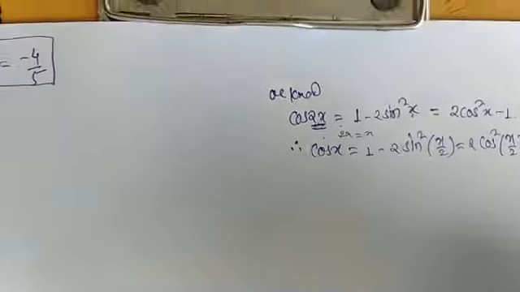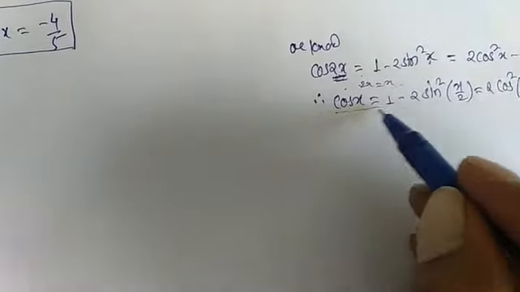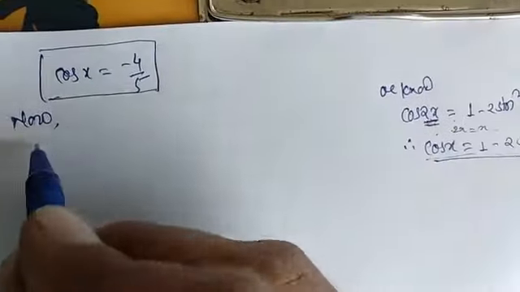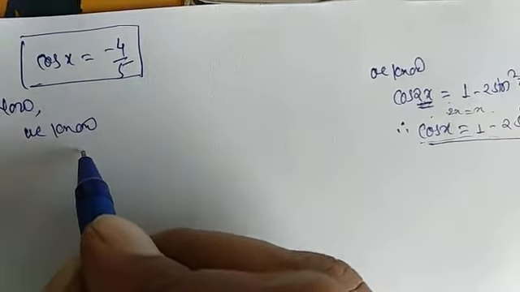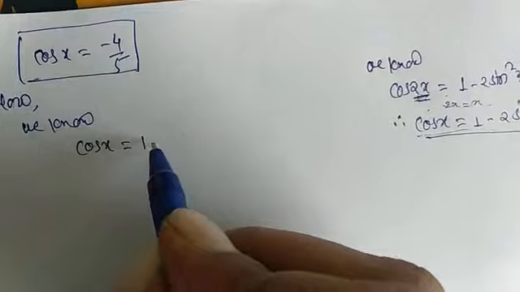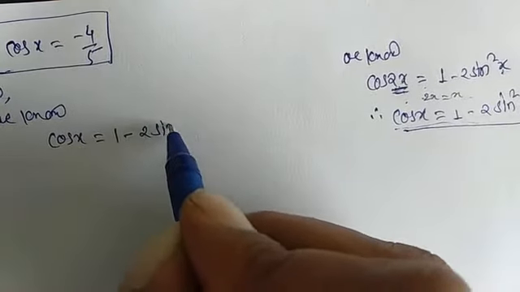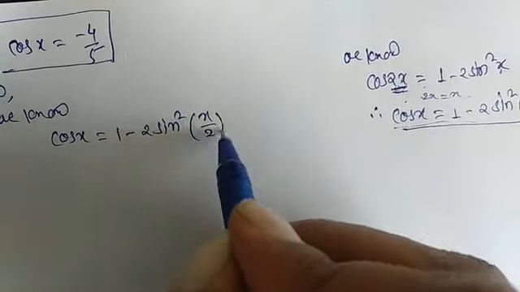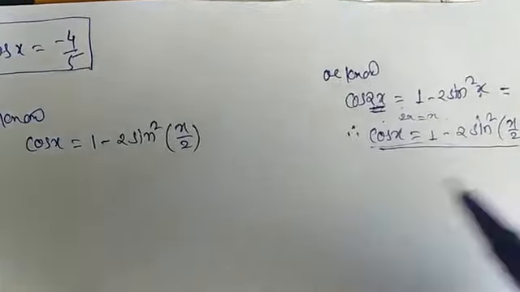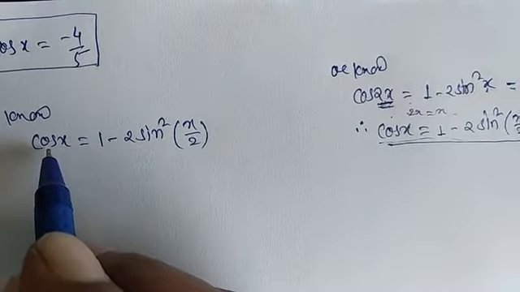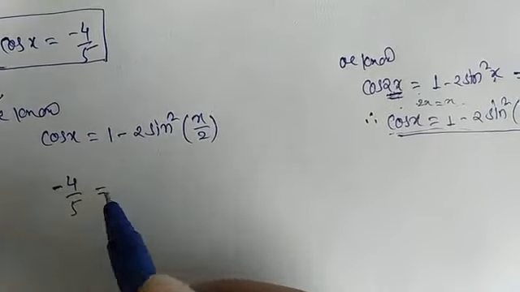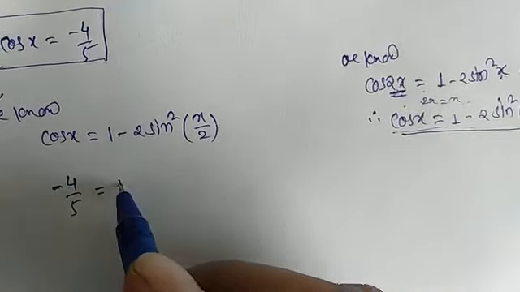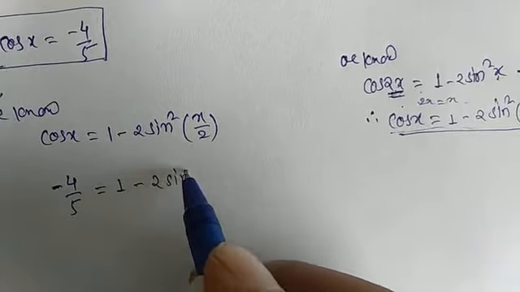So we use here cos x is equal to 1 minus 2 sine square x upon 2. Now cos x is minus 4 upon 5, which is equal to 1 minus twice sine square x upon 2.